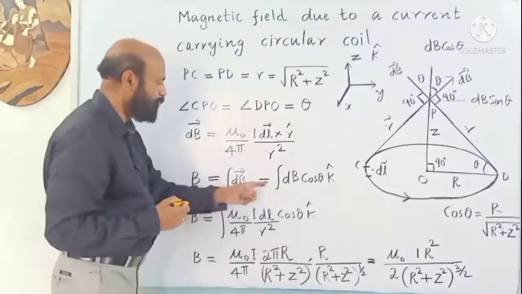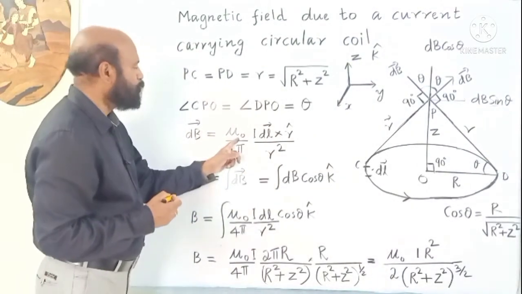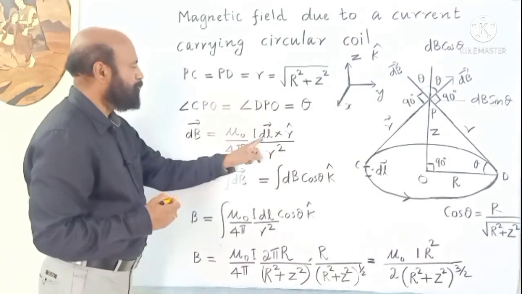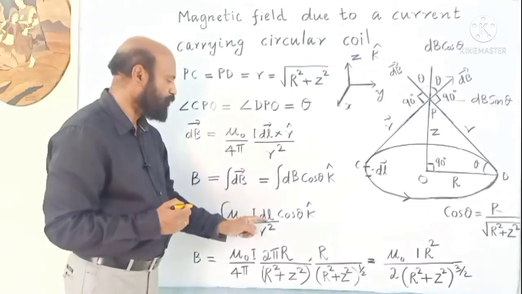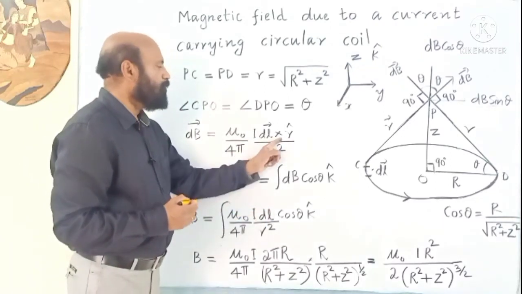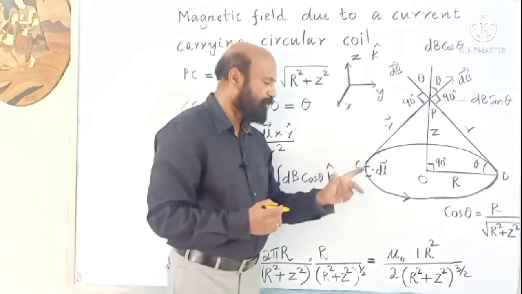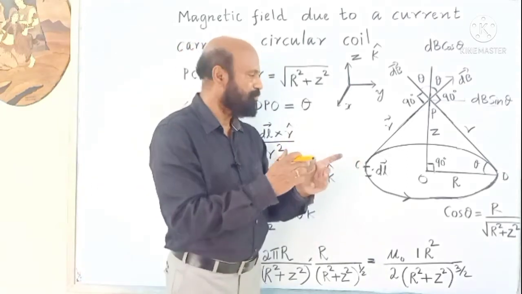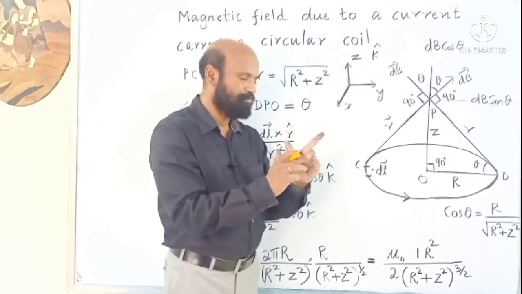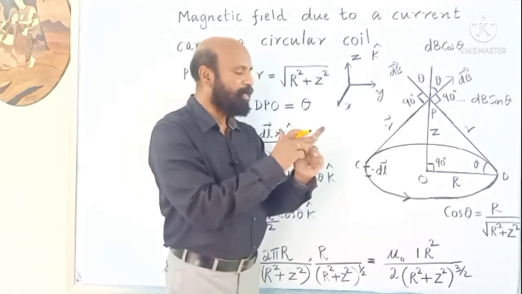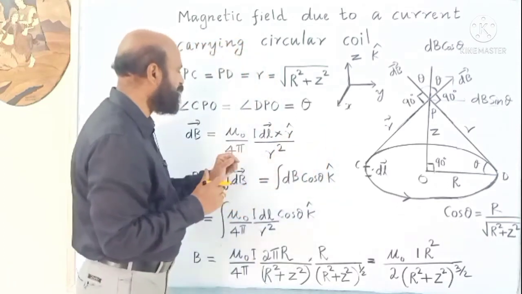The magnitude of dB is mu 0 divided by 4 pi, I. The magnitude of the dl vector is dl. The magnitude of r cap is 1. Then the angle between the dl vector and the r vector is 90 degrees. Sin 90 is 1.